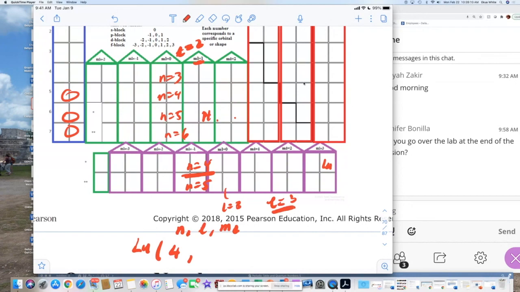L is 3, based on that. M sub L is 3, based on what I have up here. Okay, so you want to know how to read this. This is M sub L. This is my L. And then this is my N, which I put in the labels myself. And this is essentially where we left off last week. I was just getting us caught up.